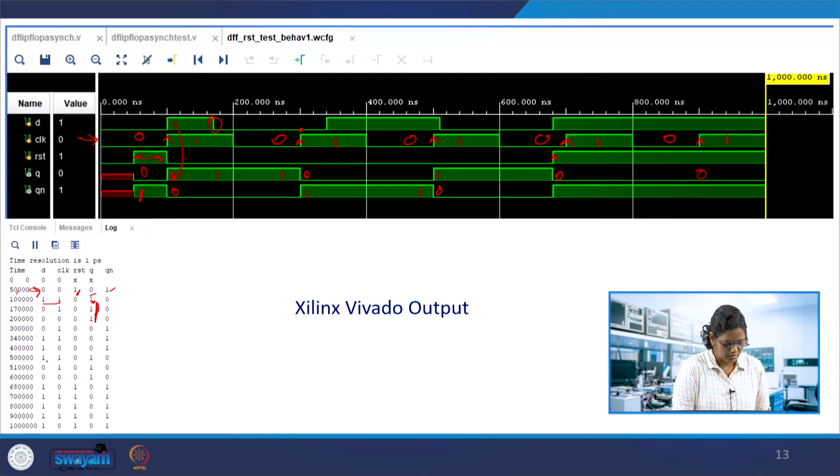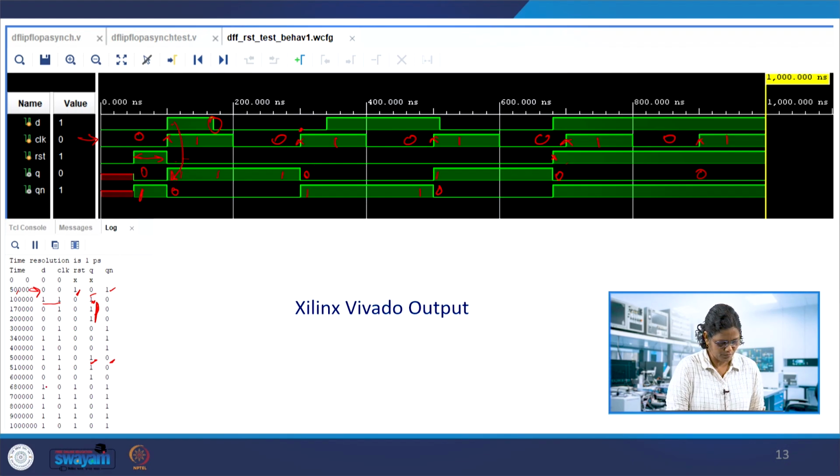So if we take suppose 500, let's look at this point at 500. At 500 the Q becomes 1 and Qn is 0. Then we take the point where reset becomes 1.